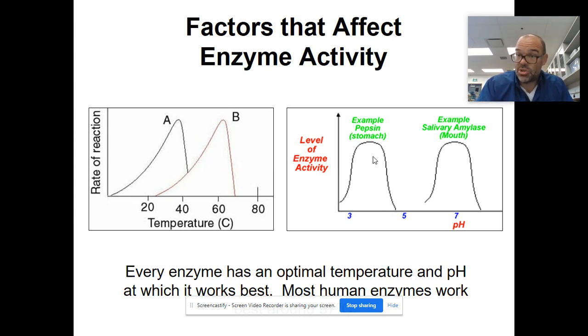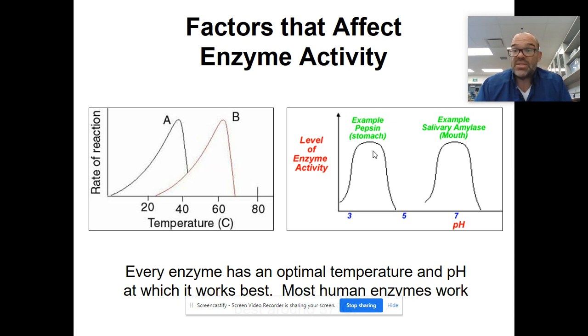Your stomach, right, is pretty acidic, right? Stomach acid. So pepsin, which is an enzyme that is in your stomach, it works optimally at a really acidic pH, right below 4.